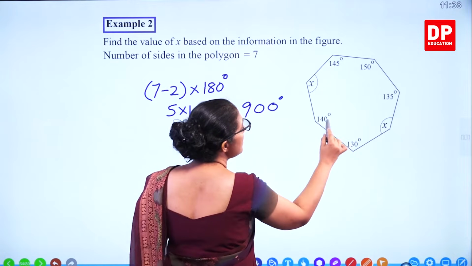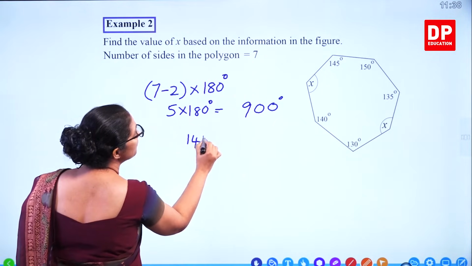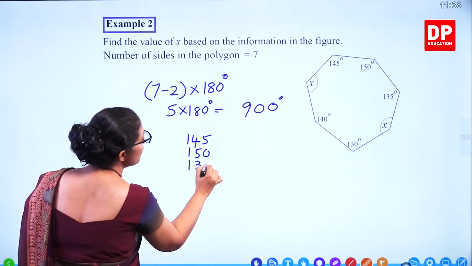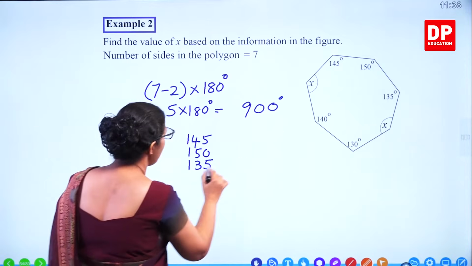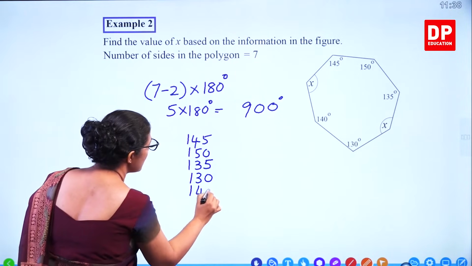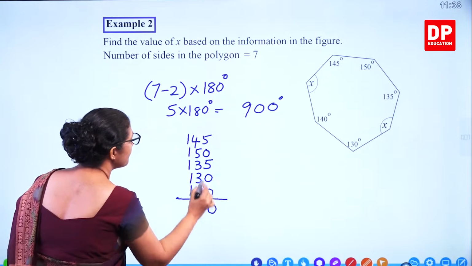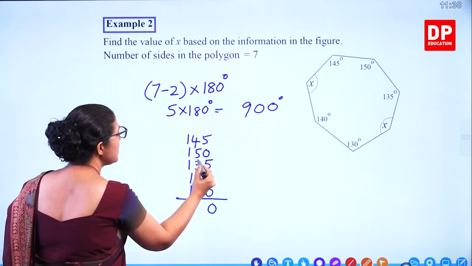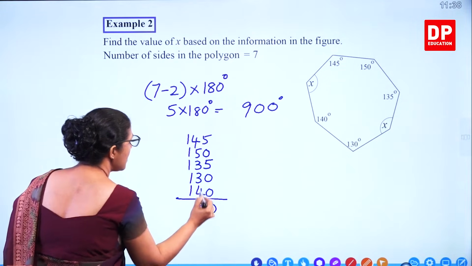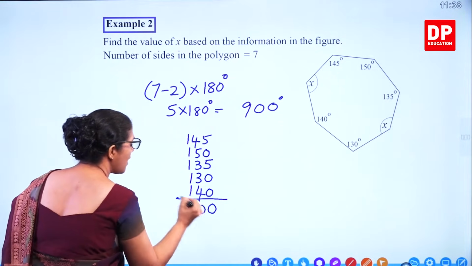We'll add and see what these angles are: 145, 150, 135, 130 and another 140. When you add them, you get 700.